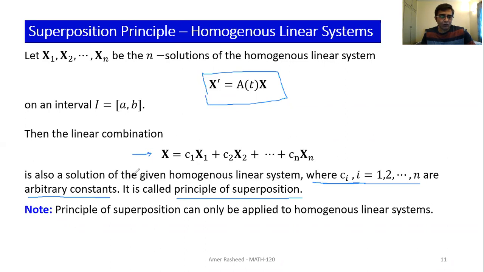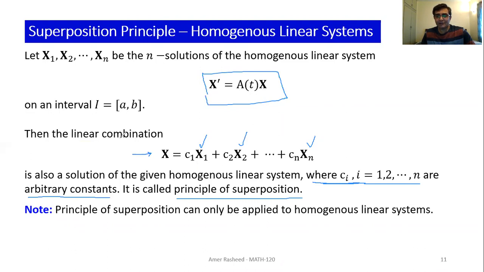But in this case, Muhammad Abdullah asked a question: you cannot write the solution in this way, C1 times a constant and C2 times a constant, because you can see here that these x1, x2, xn are solution vectors, and these vectors contain how many components, how many elements?